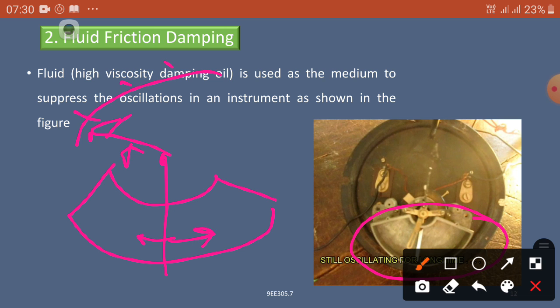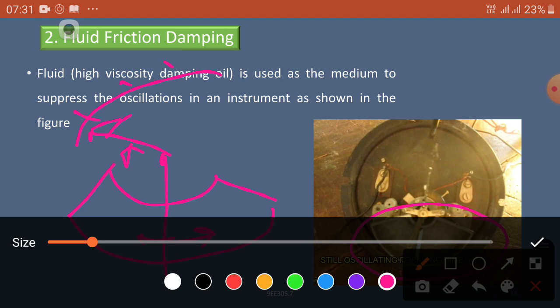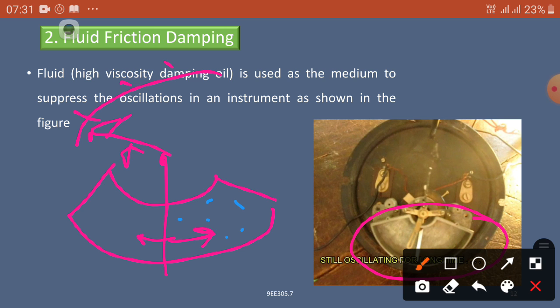When there is no liquid, once it moves, it moves very freely. But instead, I am filling the chamber with another material, a high viscosity liquid. Then what will happen to this liquid?